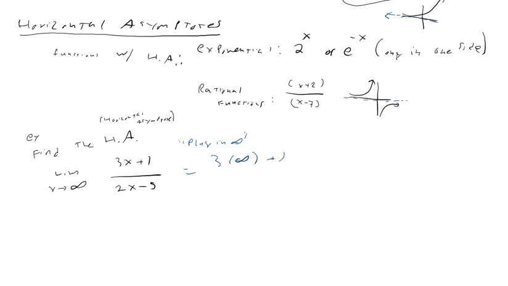And again, the only thing we're going to care about is the biggest exponent of the top part and the biggest exponent of the bottom part. So this 1 doesn't matter, and this 5 doesn't matter. Only look at the biggest exponent.